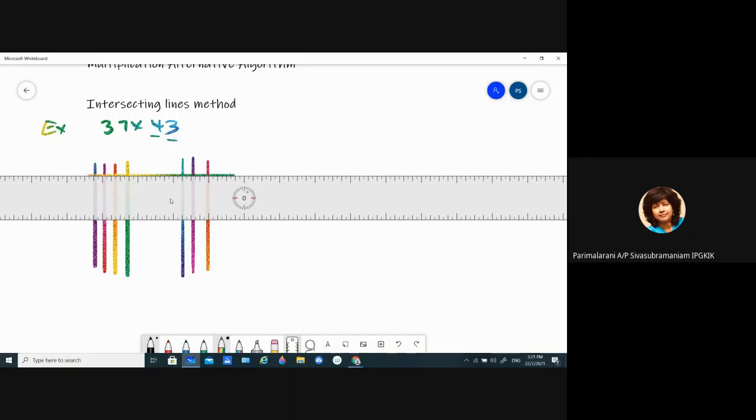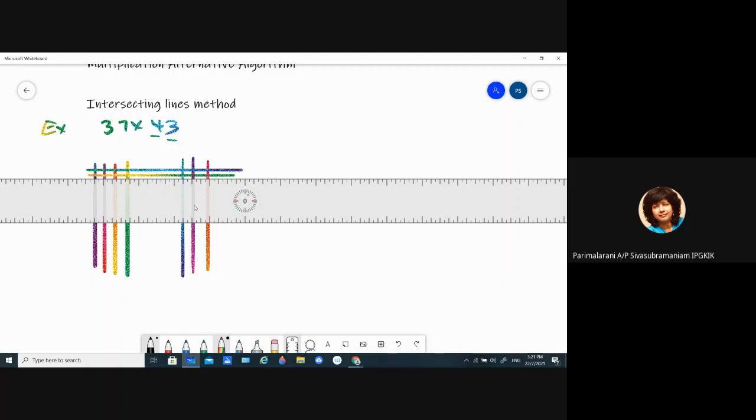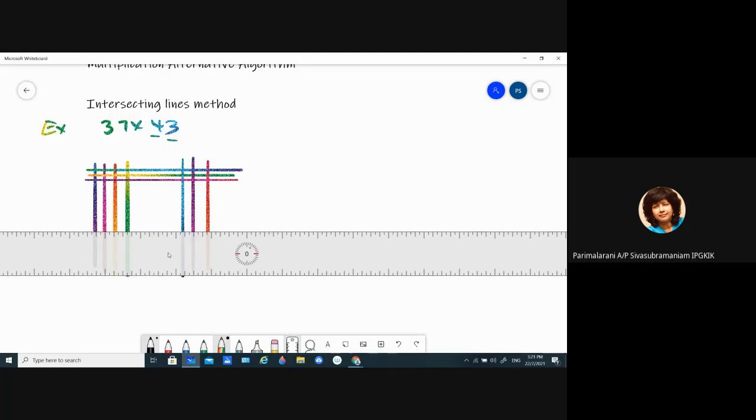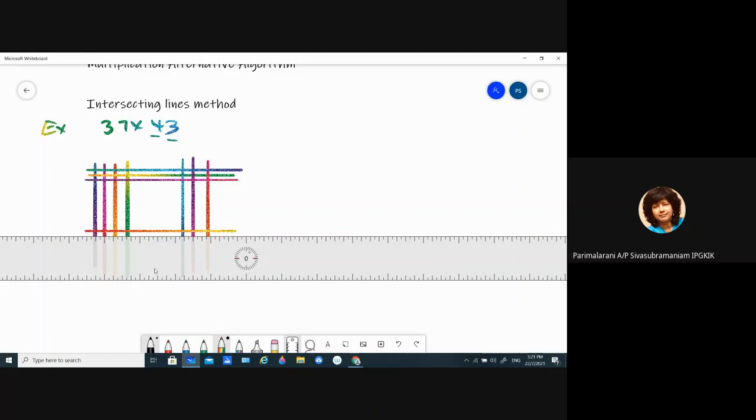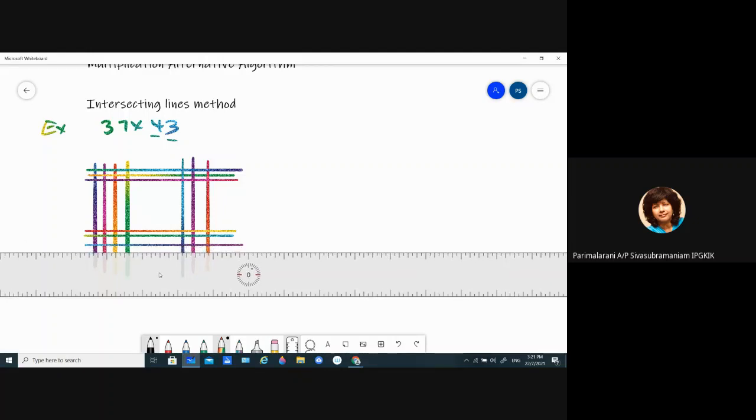So 1, 2, 3 lines, and then is this the Japanese method? 1, 2, 3, 4. Okay, I'm going to change this question.